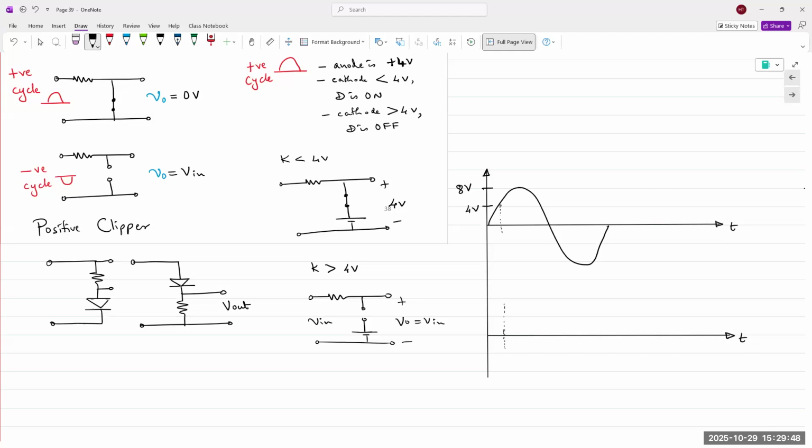What is my output when V in is less than 4? So what do you all think should be the line? Yeah, this is a flat line, right? On the right track. So you got a flat line. Somebody online, please send a message. So we will have a flat line at 4 volts. Does that make sense?